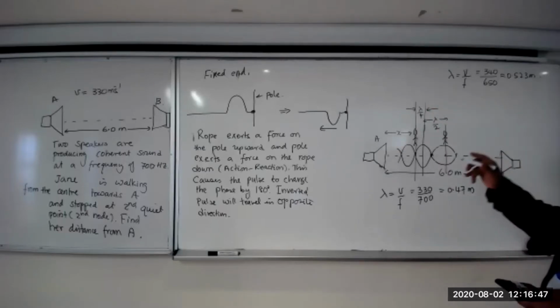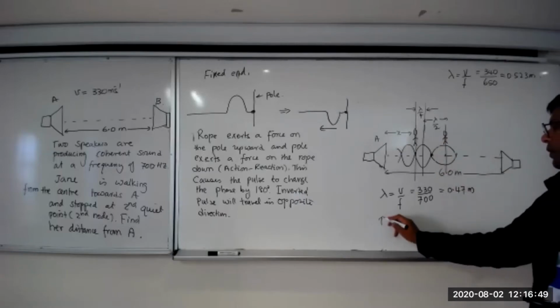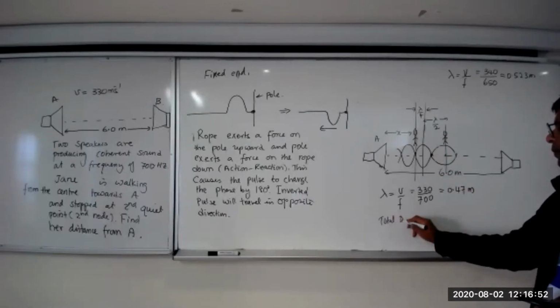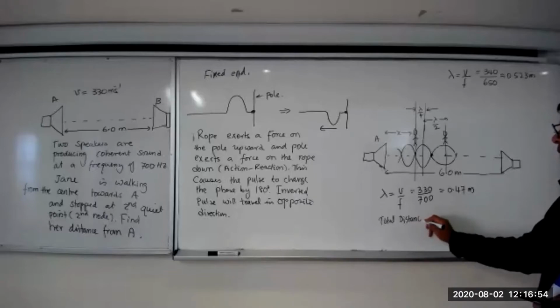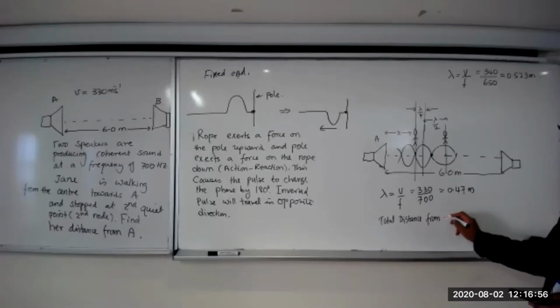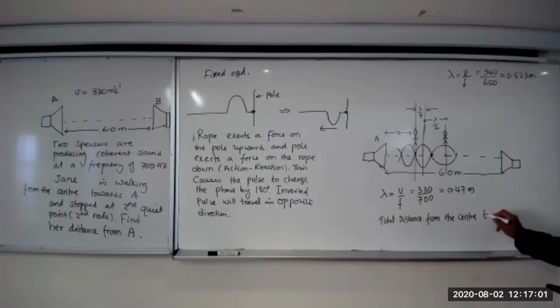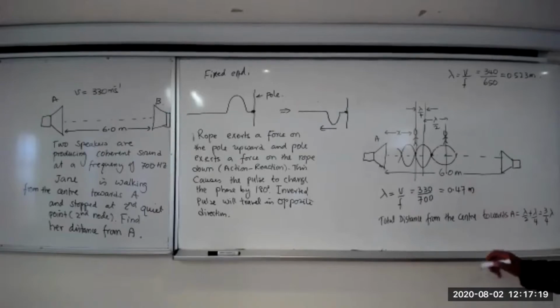Okay, the total distance from the center towards A is lambda by 2 plus lambda by 4. So your lambda is that.